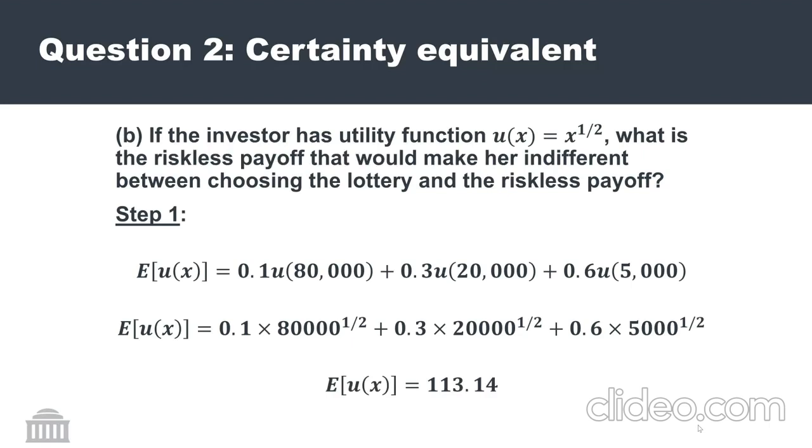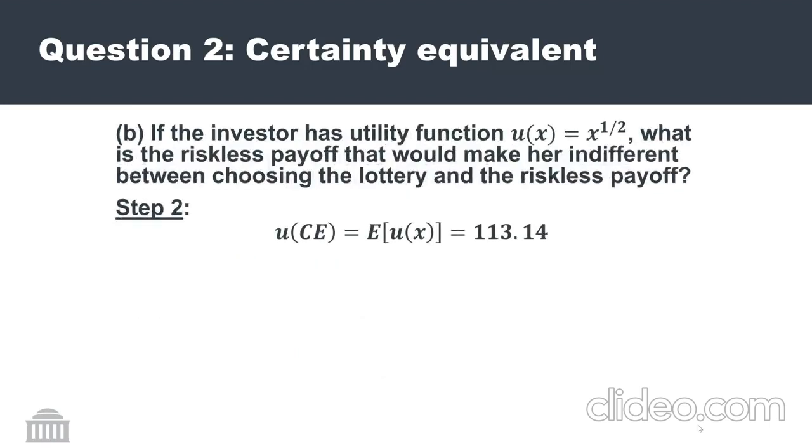Computing this gives us the expected utility that this investor will get from this lottery of 113.14. Now in the second step, we can find certainty equivalent. So U of CE equals 113.14.